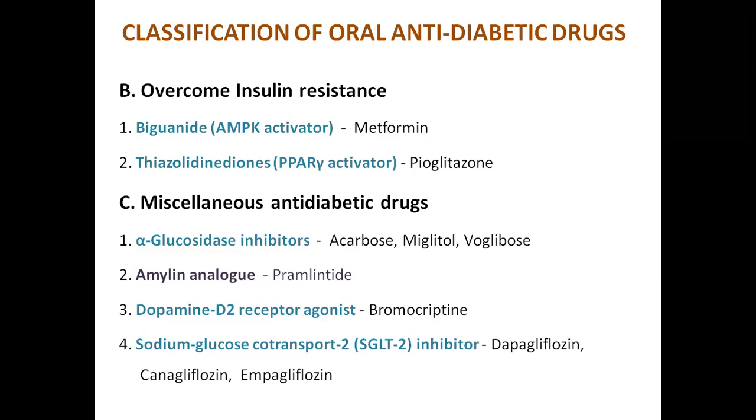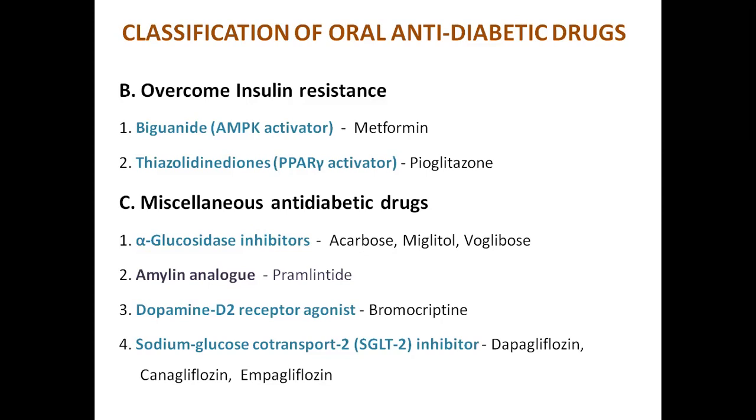And thiazolidinediones, in which we have pioglitazone and rosiglitazone. Now rosiglitazone is not often used as it resulted in ischemic heart disease. Now we are using only pioglitazone, at the lowest possible dose for the shortest duration of time.